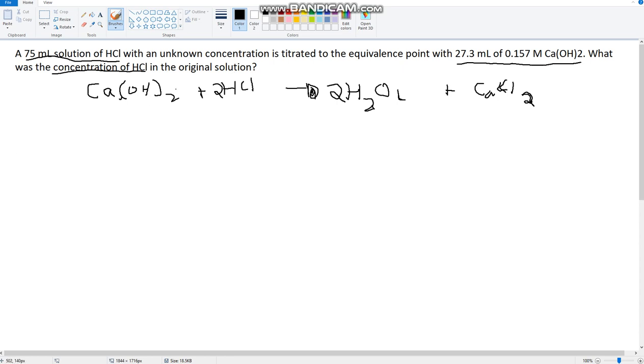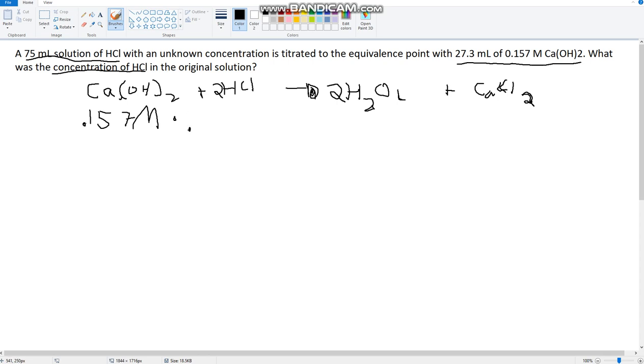So first, we have to write the moles of calcium hydroxide. To get that, we use the 0.157 molarity that was given, and we multiply it by the volume that was also given, which we will need to convert to liters because that is the only way that we can get the moles. If we don't use liters, then it'll be a wrong answer.